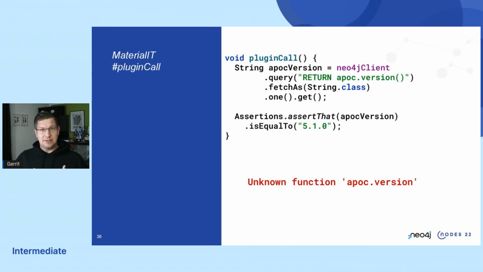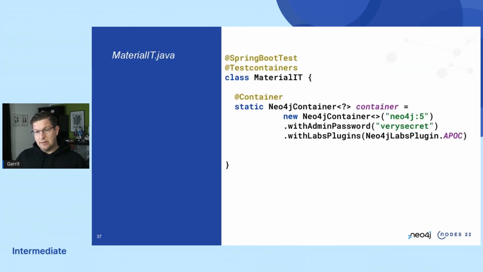So I thought it's counterintuitive to define via env variables. So we enabled the withLabsPlugin extension. So we know about all the Labs plugins we have that are ready to use in the Docker container, but you can also enable, for example, custom plugins.